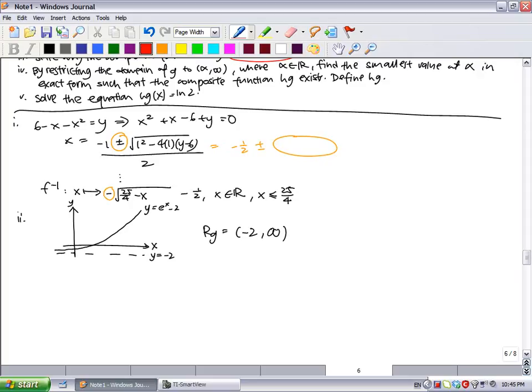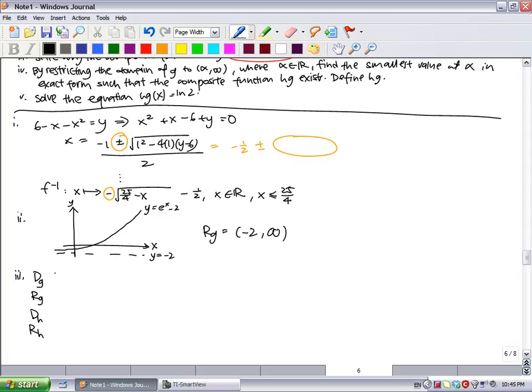So for this bit, you actually need to know the domain of g, the range of g, the domain of h, and the range of h.